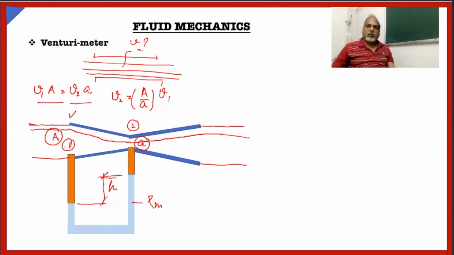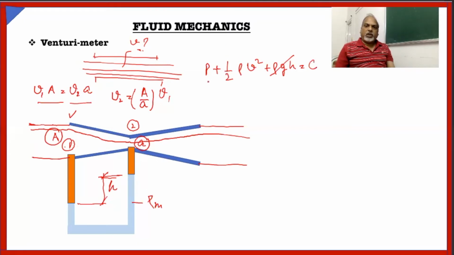But here, let us see what our Bernoulli equation says. Now, since points 1 and 2 are at the same level, this potential energy part we can strike off.